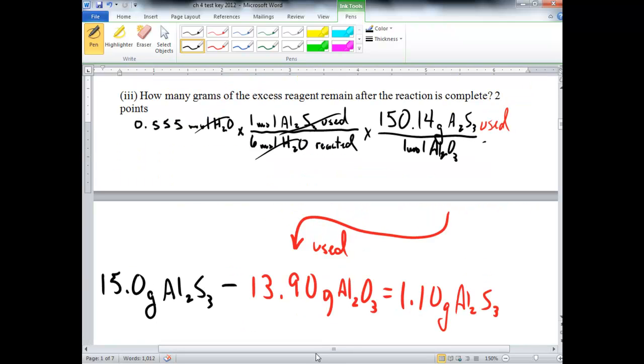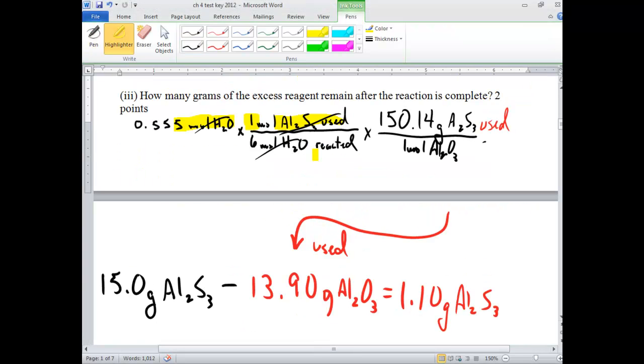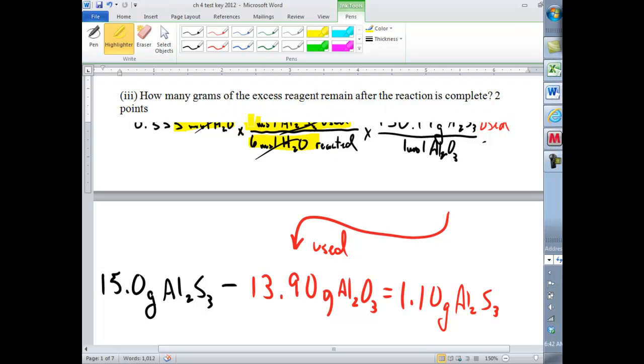And in part III, the question is asking how many grams of excess reagent remained after the reaction is complete. And there are several approaches to this problem. I chose to figure out how much was used. It's used in a ratio of 1 aluminum sulfide for every 6 waters that are reacted.